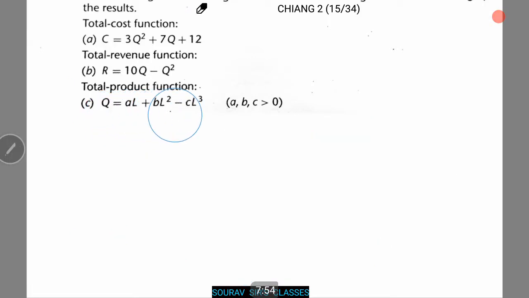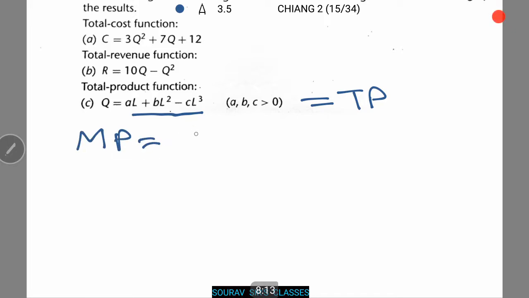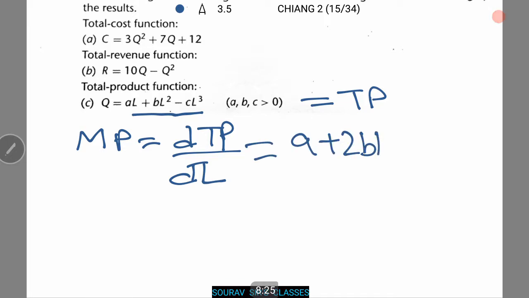Now, in the third function, notice that it's given in terms of L or labor. That is, this is our total product function. So let this equal TP. Now, to find the marginal product, we will simply differentiate with respect to L. Therefore, dTP by dL equals A plus 2BL minus CL square.